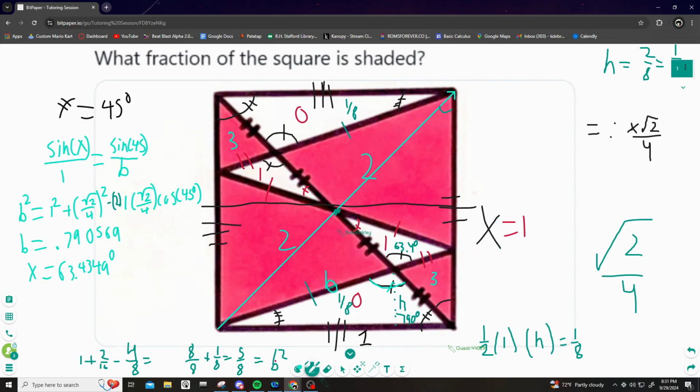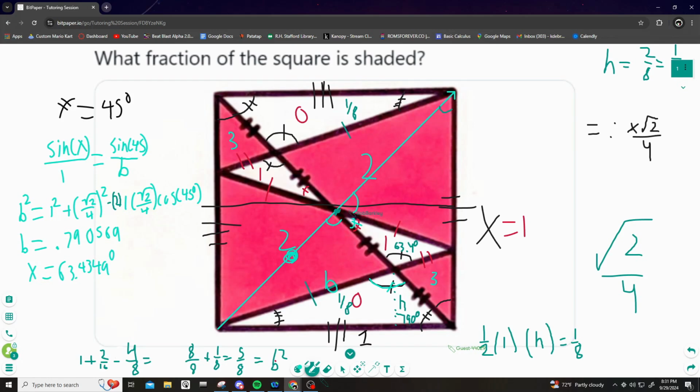Actually, we know how long this diagonal is, and we have B, and we have this length here. So we can do a law of cosines to get this angle, and then use 180 minus both of these angles to get this one.